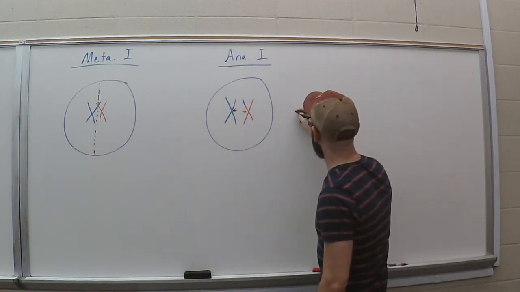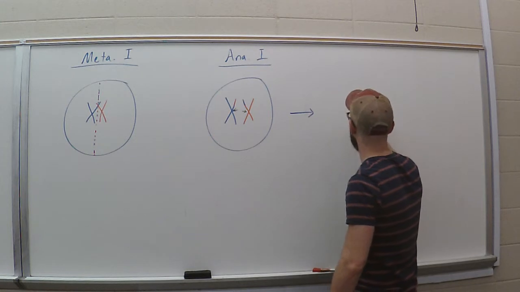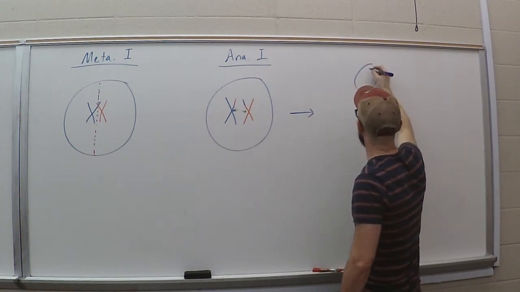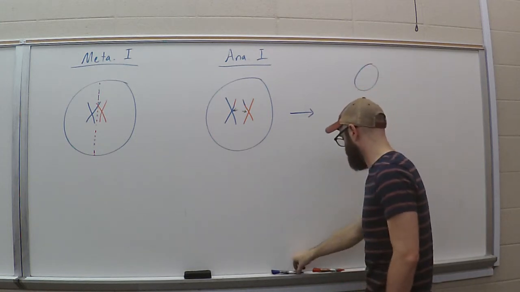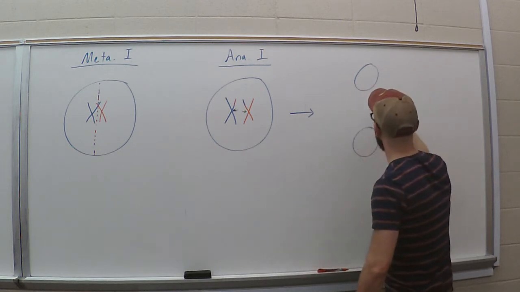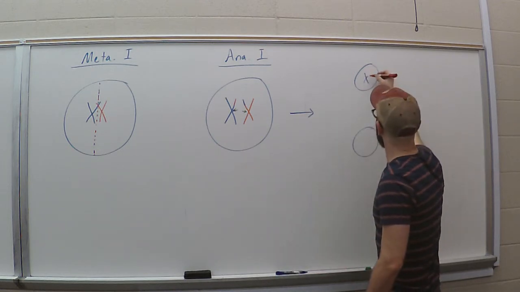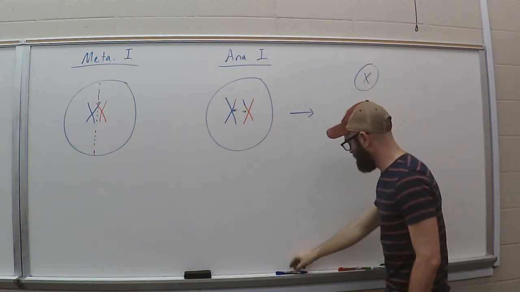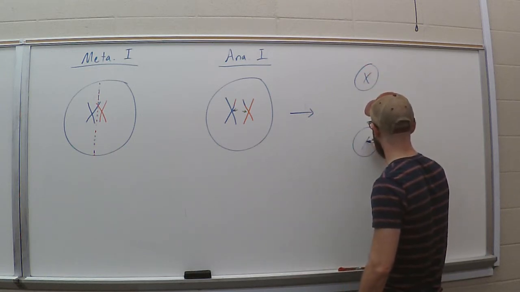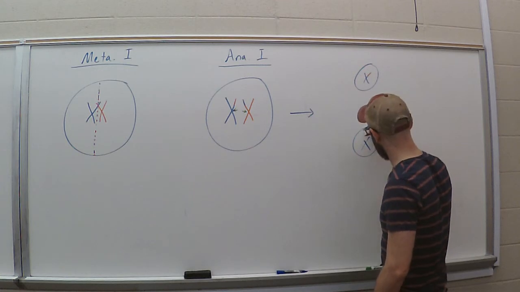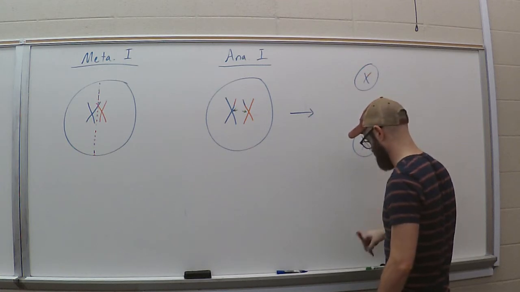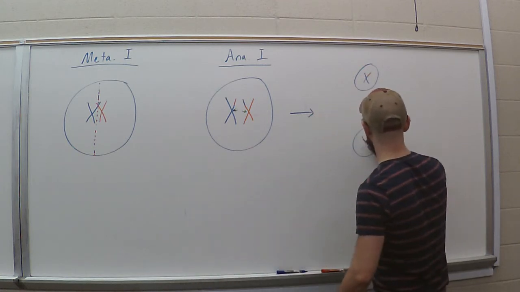And then in telophase, they'll split apart into two daughter cells, right? One has one of the homologs, and then the other one has, well, dadgummit, I did it wrong.